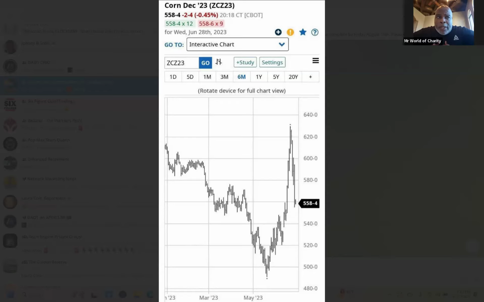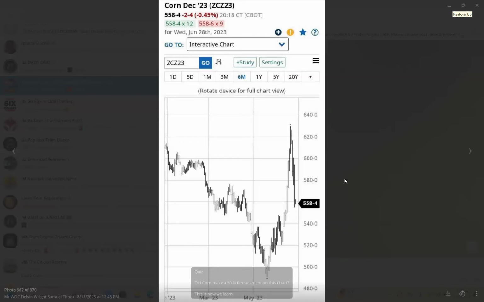All we wanted was to see it retrace back to the retracement level, which was 560. Whether it stops at 560 or keeps going, it made a retracement when it hit 560. Are you with me? I'm with you, but I'm not with you. I understand the retracement is 560. So you're saying if it's 558, if it's 528, it's still in the retracement area?